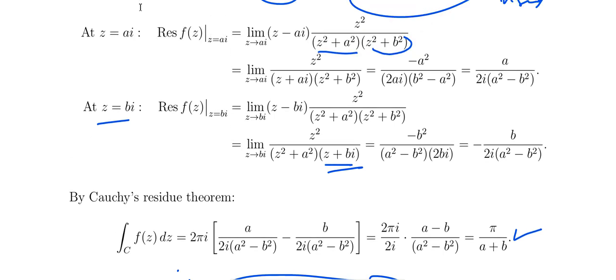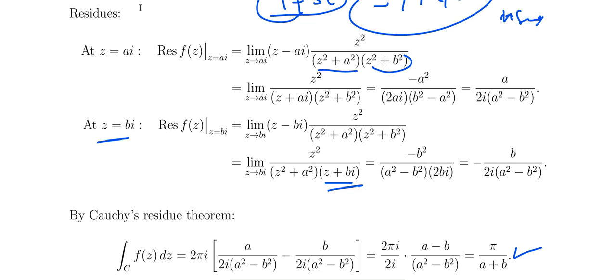Is it correct? So z tends to ai, that is ai plus ai, 2i times ai. This is a square, that is a square i square, which is minus a square. So a cancels, and that is minus a divided by 2i into a square minus b square.